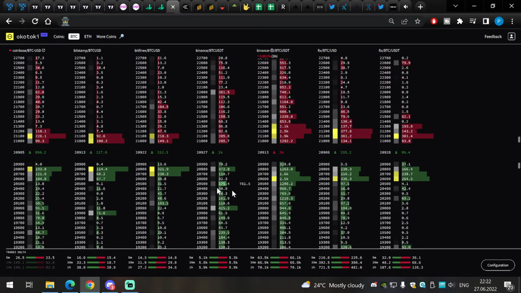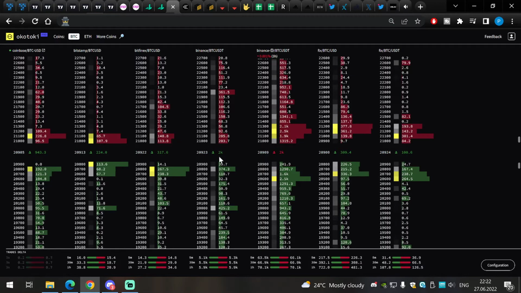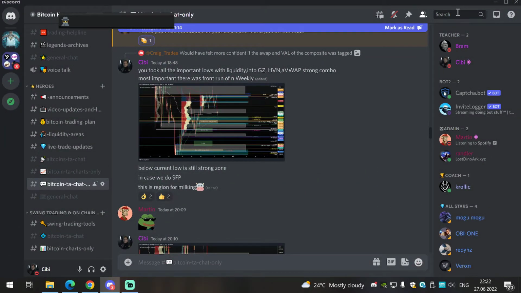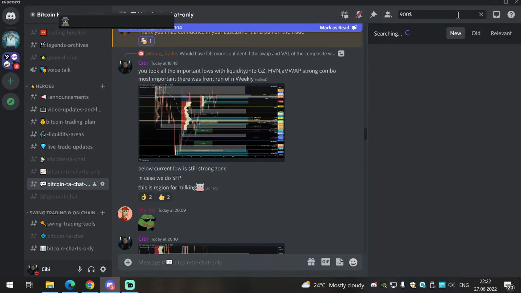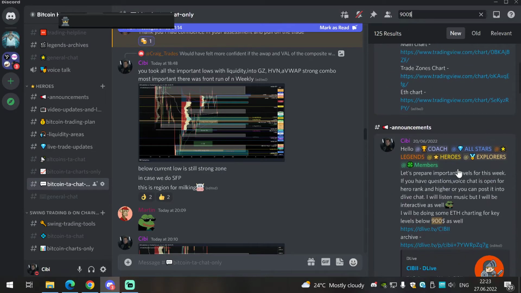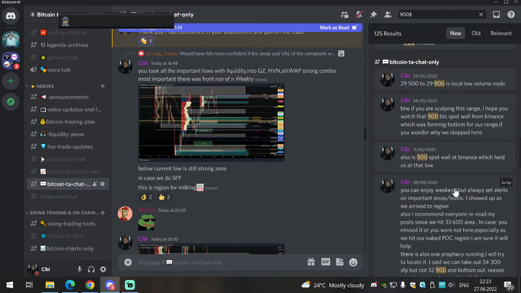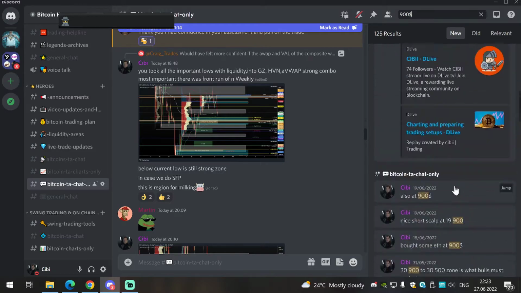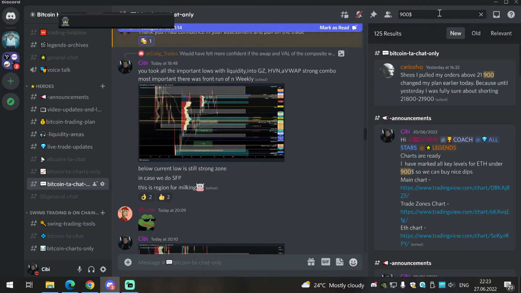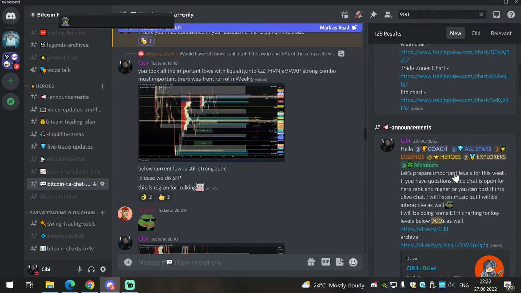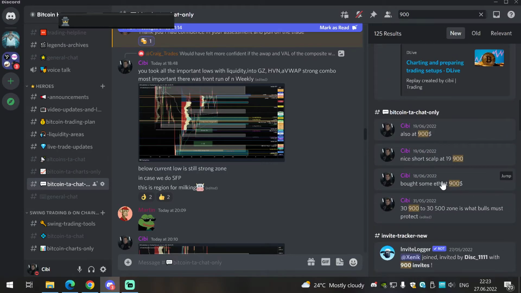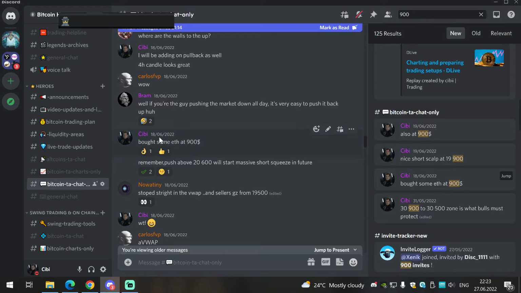But for example, when we were falling at a big rate under 20k, Ethereum reached 900. When you search 900 in the group, you can check when the message was published, but I bought a lot of Ethereum at 900.